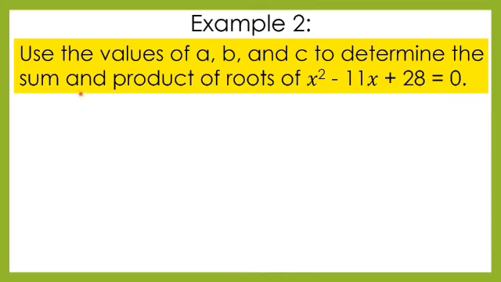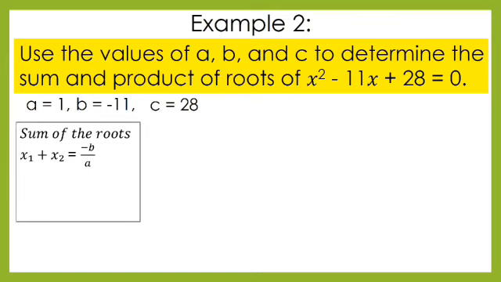To determine the sum and product, let's use the values of A, B, and C. Since our equation is in standard form, we will now identify the values of A, B, and C. A is 1, B is negative 11, and C is 28. And then, we will substitute these values to the sum and product of roots.